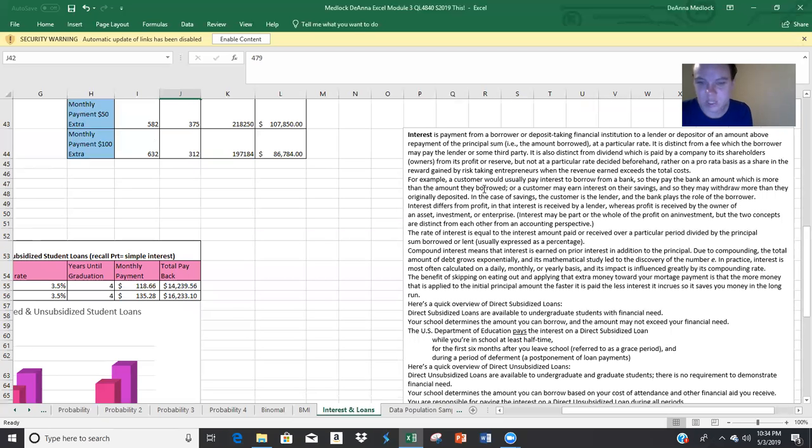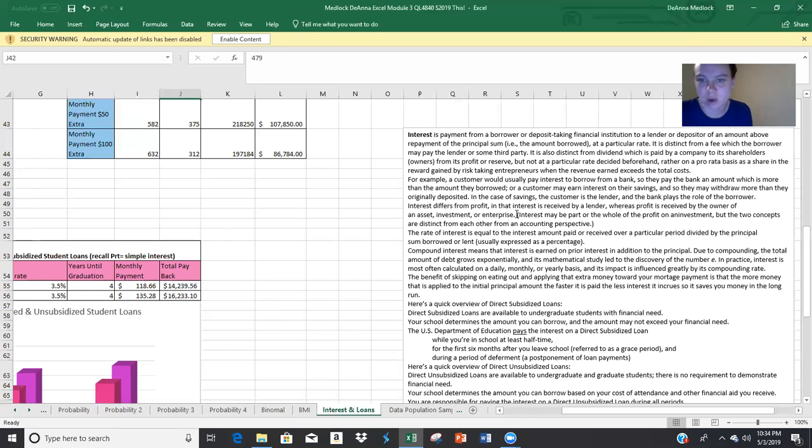For example, a customer would usually pay interest to borrow from a bank, so they pay the bank an amount which is more than the amount they borrowed, or a customer may earn interest on their savings, and so they may withdraw more than they originally deposited. In the case of savings, the customer is the lender and the bank plays the role of the borrower.